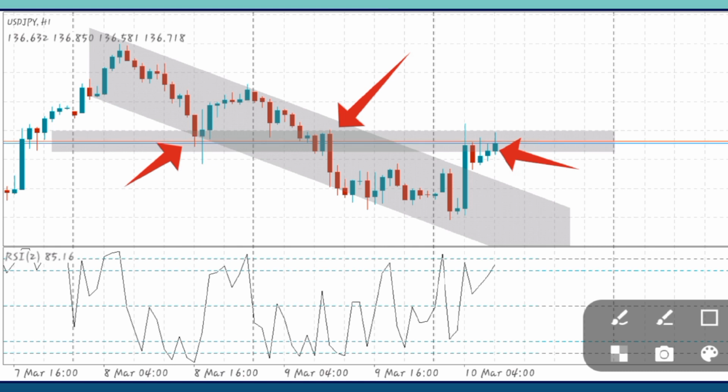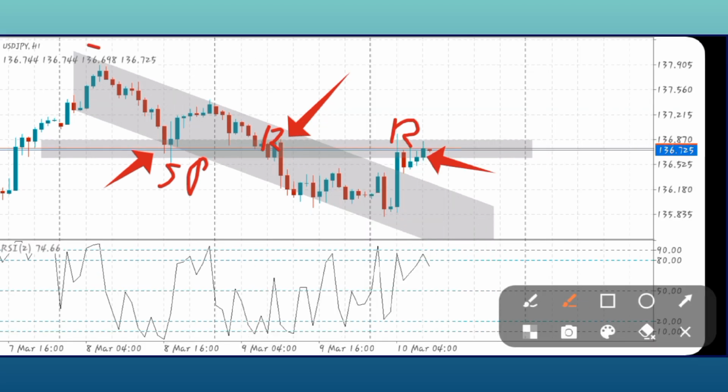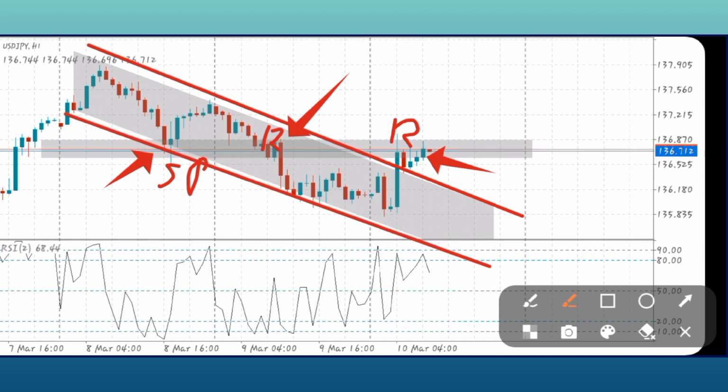Okay, this was previously a support area. Now the support area has become resistance here, and also resistance here. Now it is possible that since this guy is already on a downtrend, definitely there will be a kind of continuation in the trend line downward.